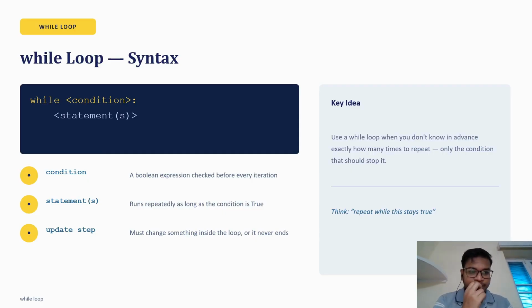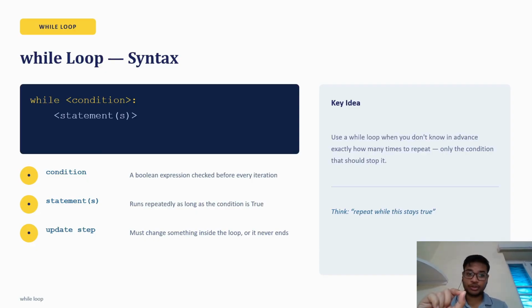What does it mean? The condition is a boolean expression, true or false, checked before every iteration. And the statement part runs repeatedly as long as the condition is true.